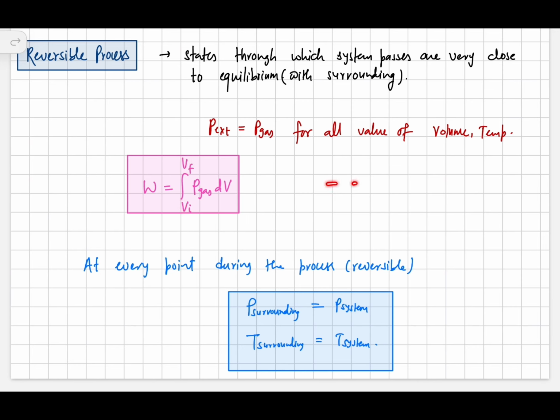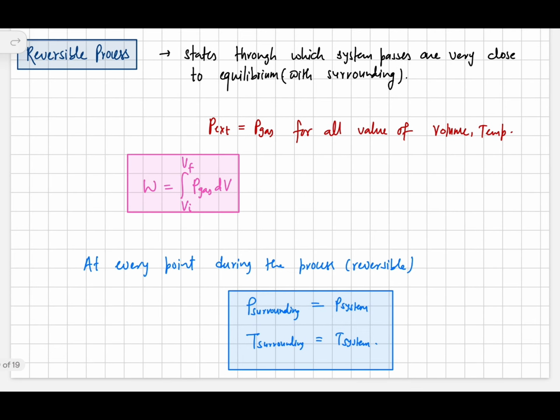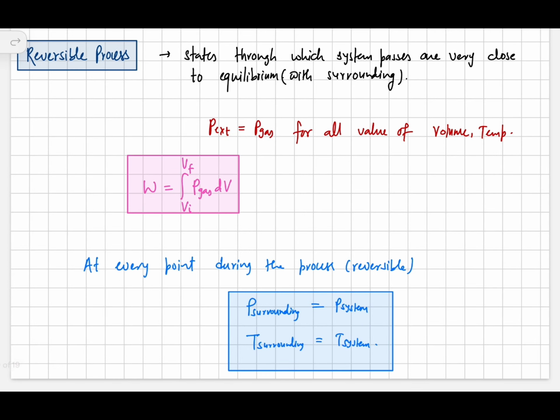So at every point you need the value of V, right? Suppose it went from V equals V0 to V equals 2V0, then for all the values in between, we must know the information. That is why we need reversible processes, and only in the reversible process do we know the value of the thermodynamic variable in between the process. Okay, fine.